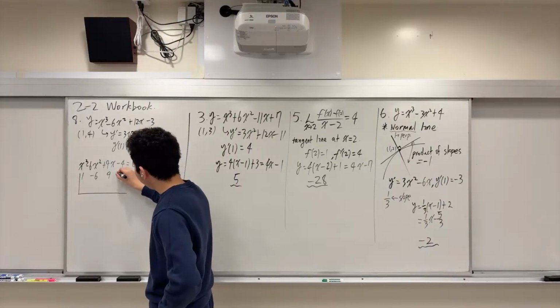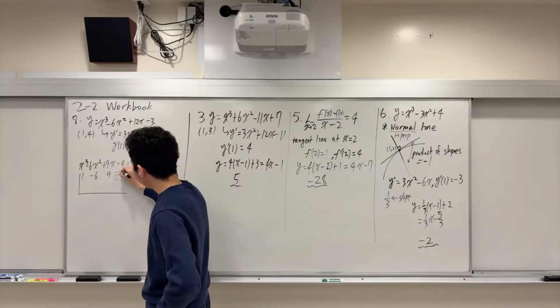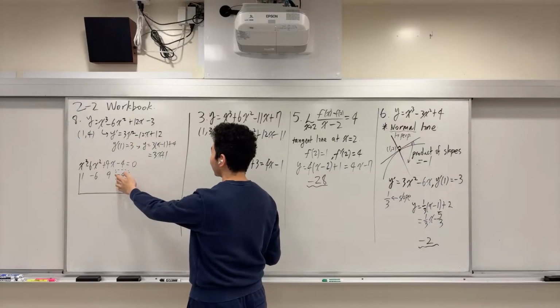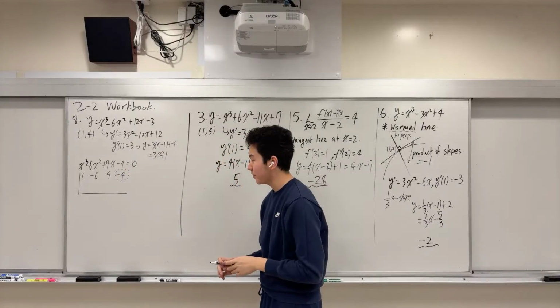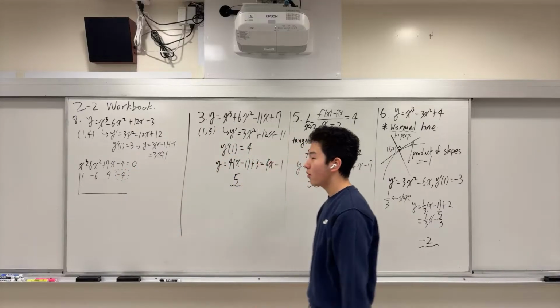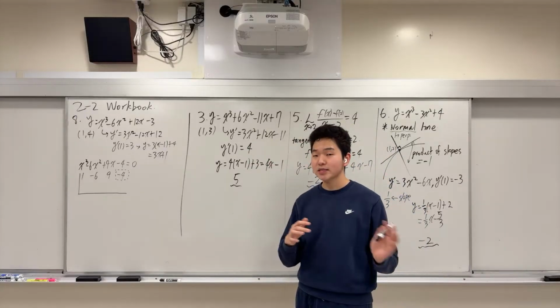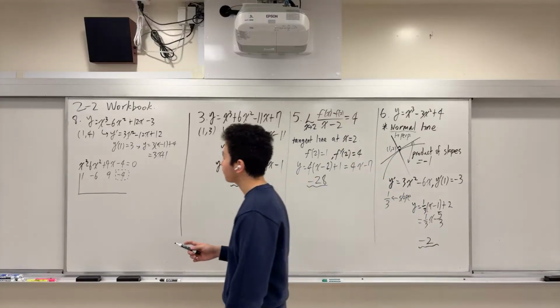We look at the constant term, and we can try any number that's a factor of the constant term. So -4 has the factors 1, 2, and 4, and also -1, -2, and -4.